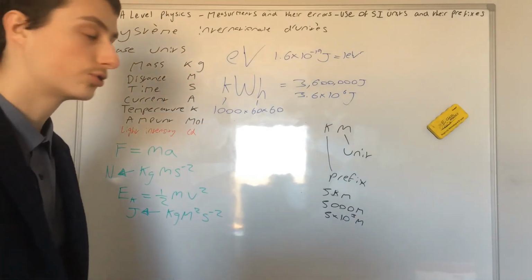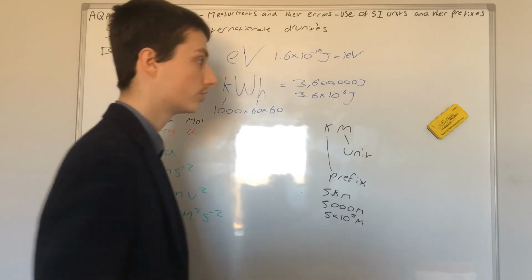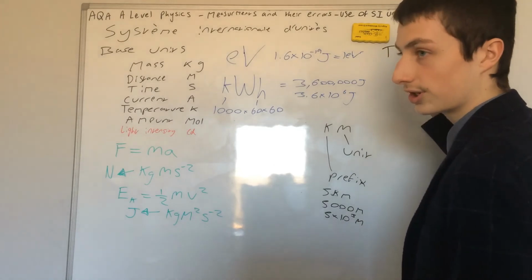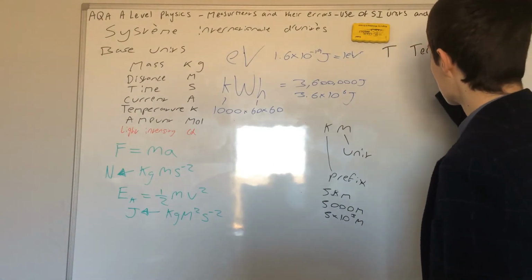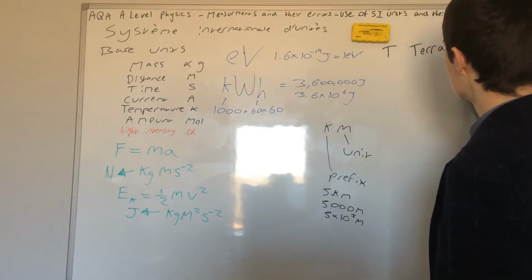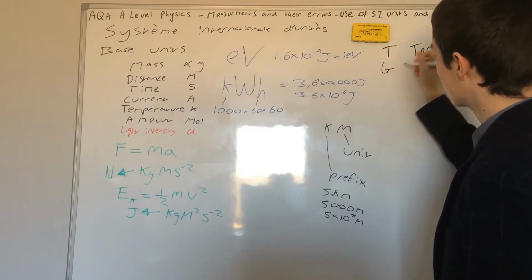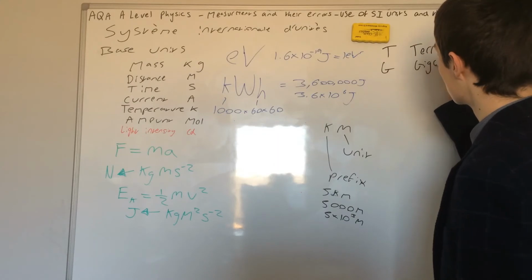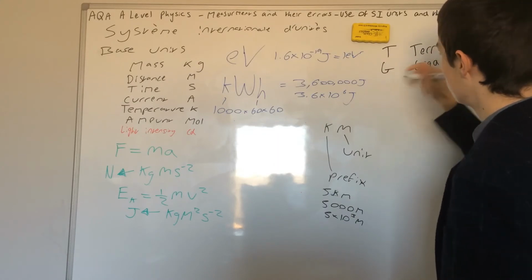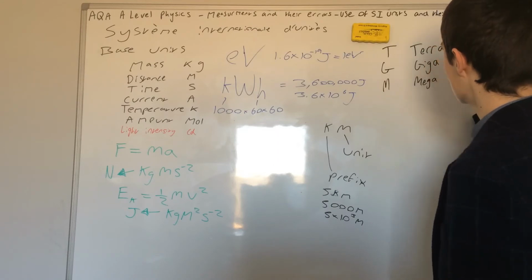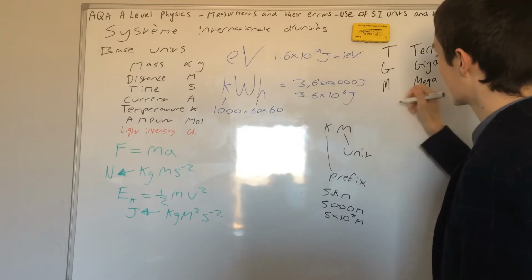Now, there is a whole table of them, but there are some you have to learn for A-level. These include capital T, which stands for tera, which is 10 to the power of 12. There is giga, which is 10 to the power of 9, that's big G. Capital M is mega, which is 10 to the 6.